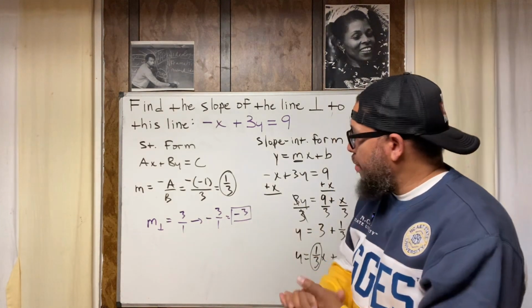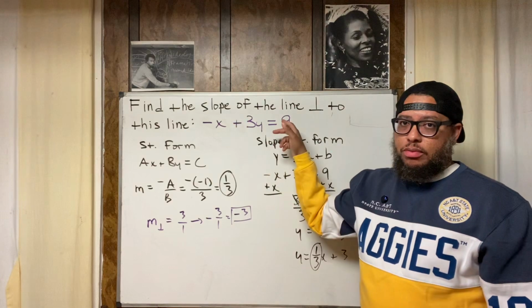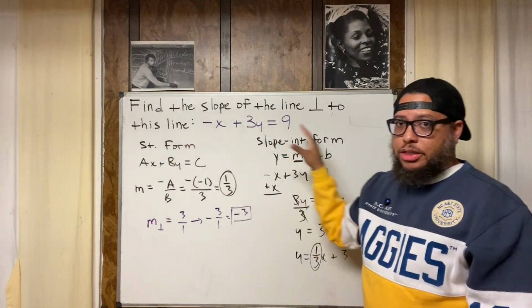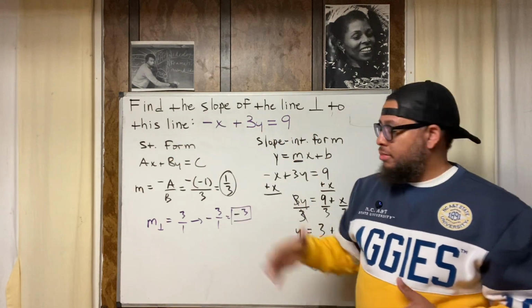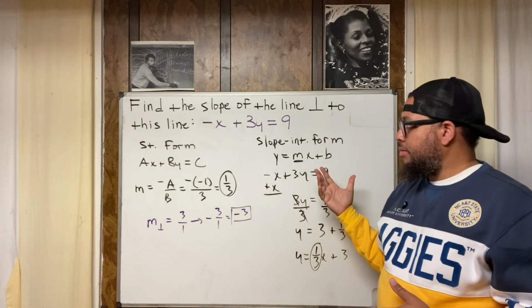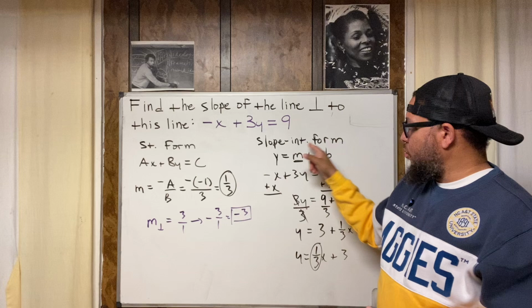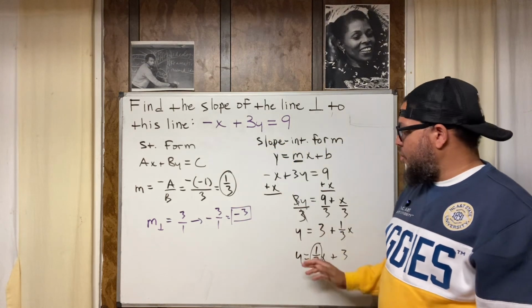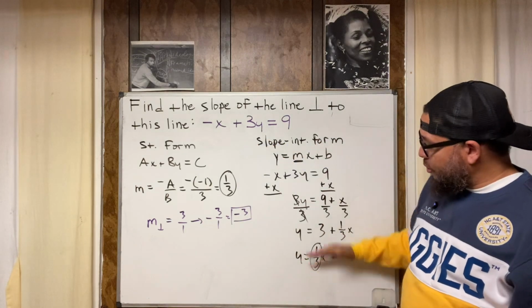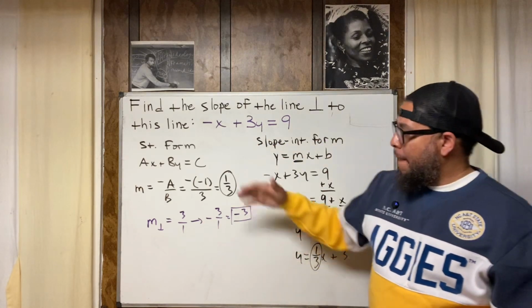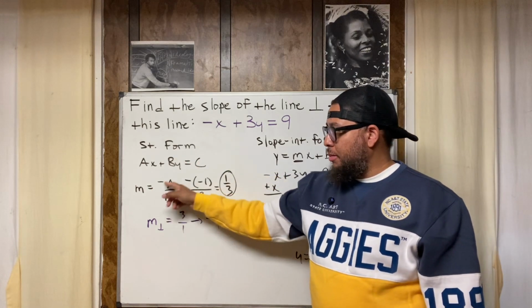So first step, find the slope of the line that they give you. I gave you 2 different ways to do it. If you have a choice, you choose which way you want. If your teacher tells you they want you to use slope-intercept form, meaning solve for y, then make sure you know how to do this. But if you have a choice, I would just go straight to m equals negative a over b.